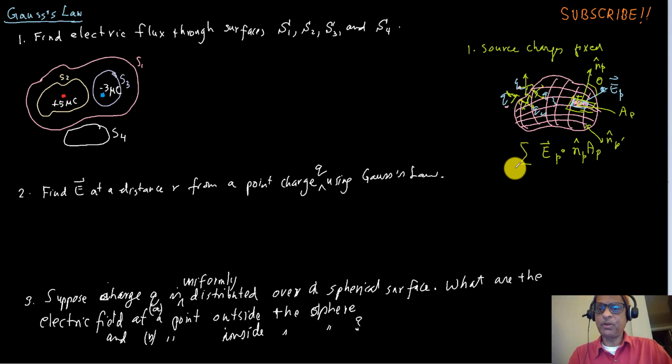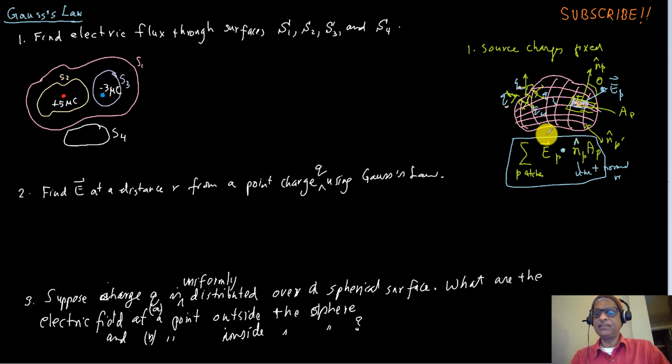And if you sum over all patches, okay, so we do this thing. Now this is a mathematical thing we do. This is a dot product, and this is a unit normal vector. So when you add these up, this is called flux through this surface S.